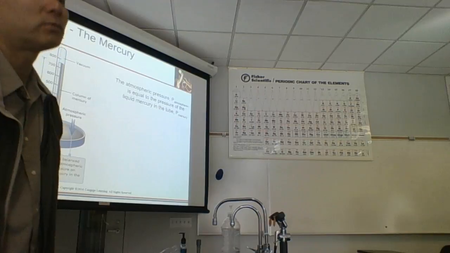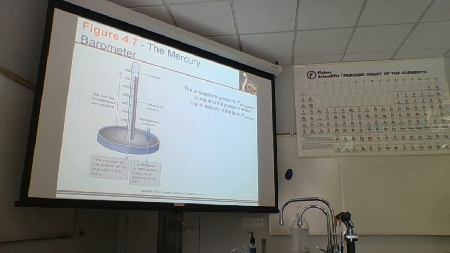Like, for example, water. Water has a density of about 1 gram per milliliter. What's the density of gold, roughly? Not 2. 20, yeah. 20 grams per milliliter. What's the density of lead, roughly?